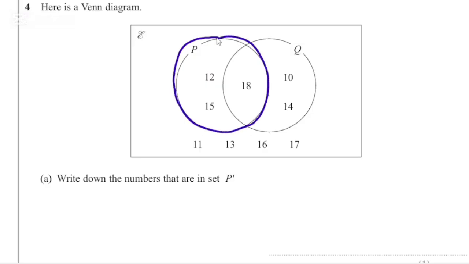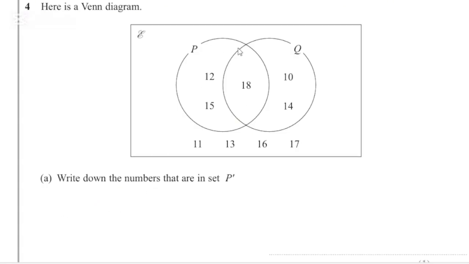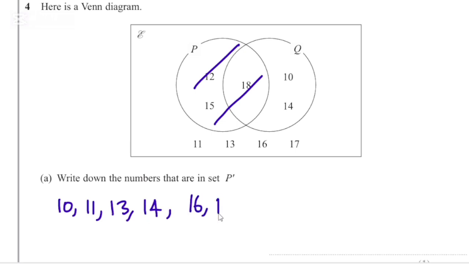This is set P. So they want us to find the numbers that are not found in set P. So set P complement will be these numbers that are outside set P. So let's list them from smallest to biggest. So we have 10, 11, 13, 14, 16, and 17.